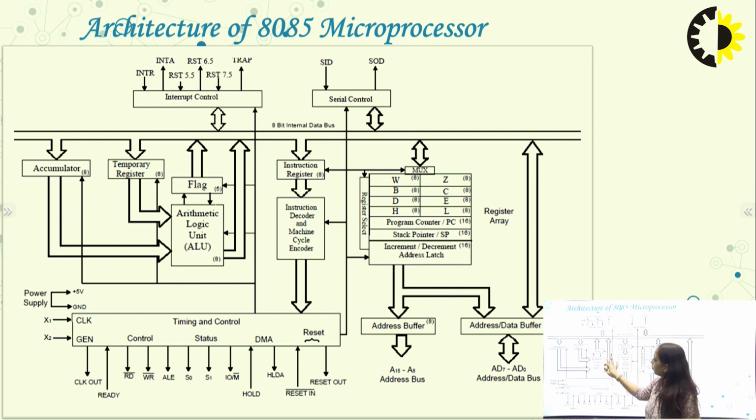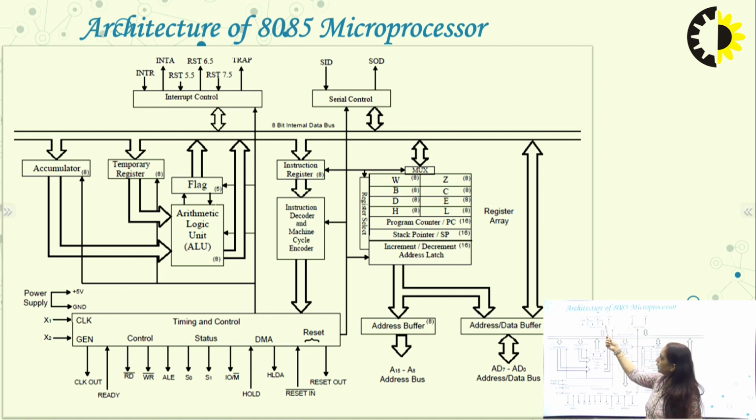And during the time of execution, if some interrupt signal is generated from this part, depending upon the priority, your interrupts will be handled. If your trap signal is high in the microprocessor, we have the interrupt at the TRAP pin, that will be executed the very first time.